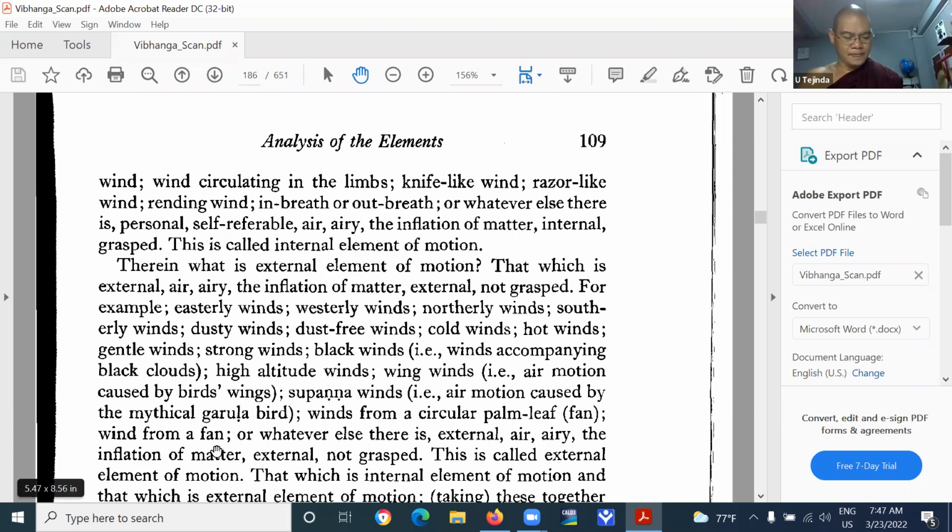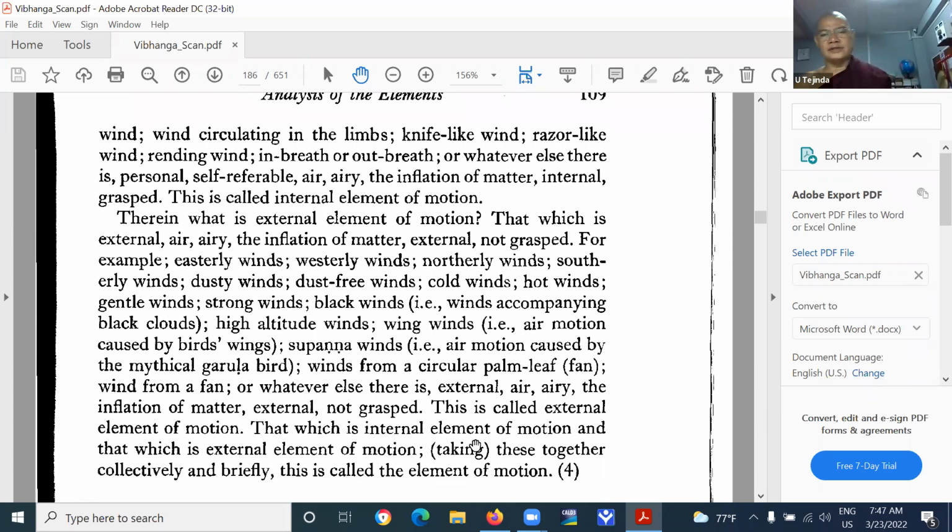Wind through a palm leaf fan. We have a fan, so we get the wind. That's a kind of wind. Whatever else, there is wind. So any wind, any air outside our body is called here external wind or external element of motion.